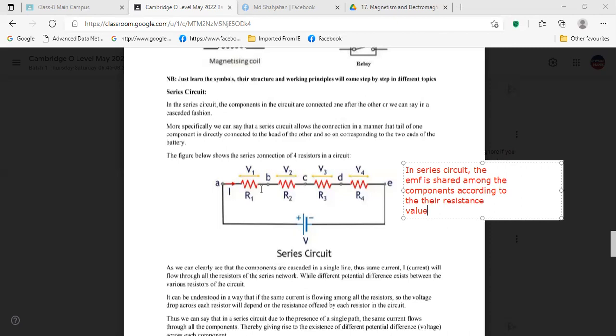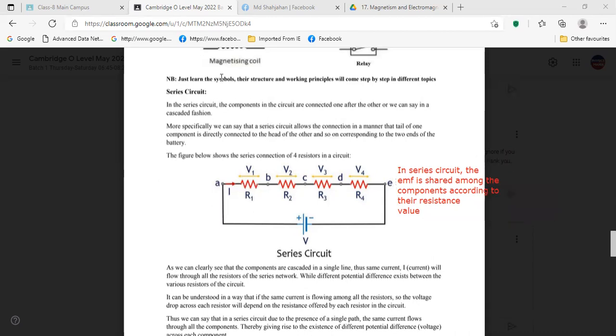I'm repeating it again. Here we have the statement, right? In series circuit, the EMF is shared among the components according to their resistance value. So I gave you an example, like you have 2 resistors. How many? Two. 2 resistors. Okay, I'm showing you the circuit.